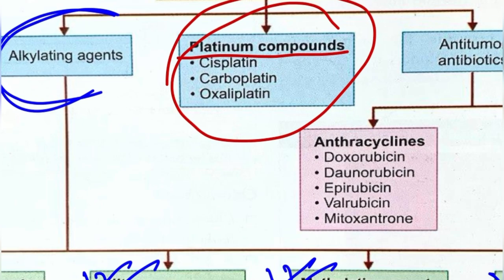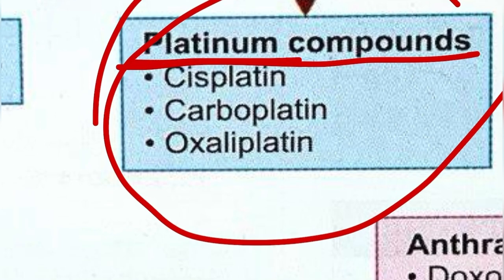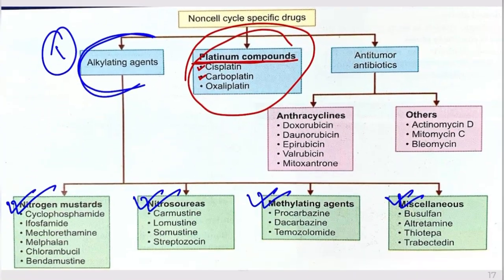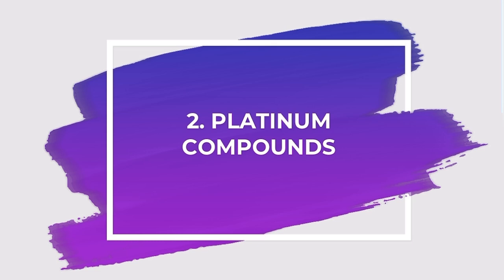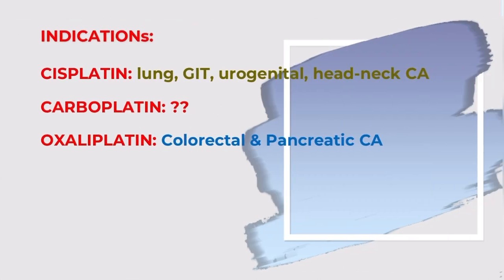platinum compounds. Look here, platinum compounds. Very good examples are cisplatin and carboplatin. Okay. Now indications.